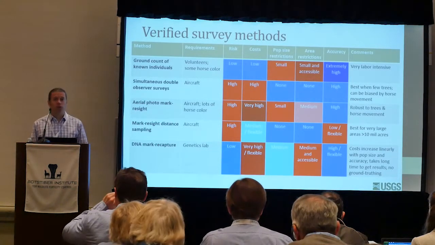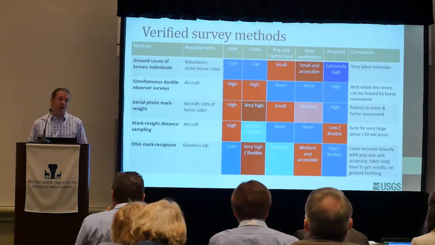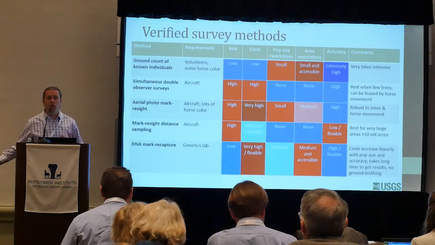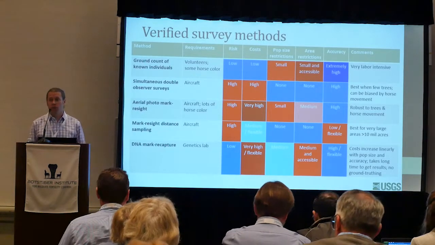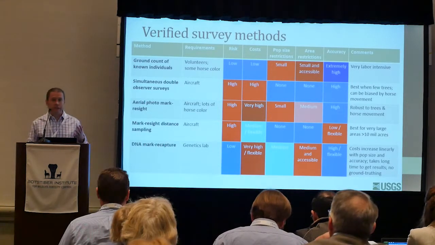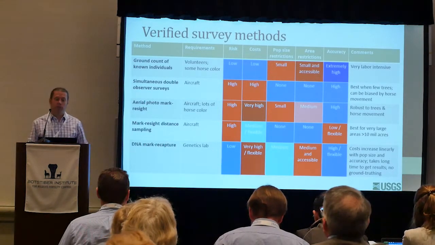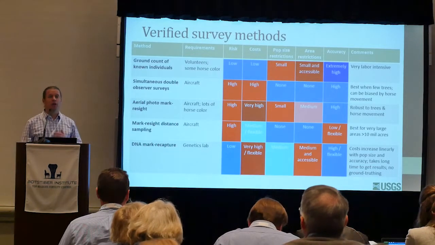You need to be able to identify every horse in the population. It's not enough if you have 25 bays that I really can't distinguish. You need to know every single horse in there. That means you need a pretty small population. It's not going to work anywhere over a few hundred animals. But if you can do it, you need an accessible area, an area you can get into on the ground with roads.